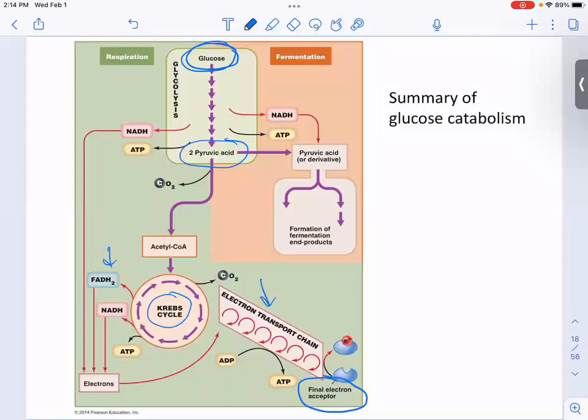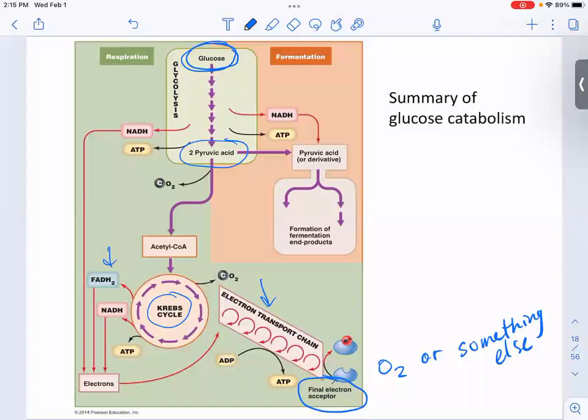We're used to calling that oxygen, but a lot of bacteria can use a lot of different things. It's a very similar respiratory pathway if something else is used, like nitrate or sulfate as the final electron acceptor. A few changes, but mostly the same pathway.